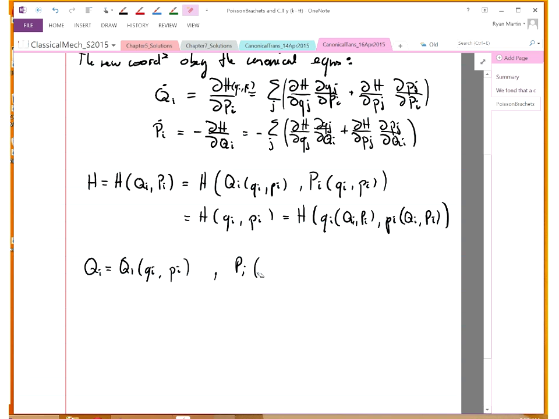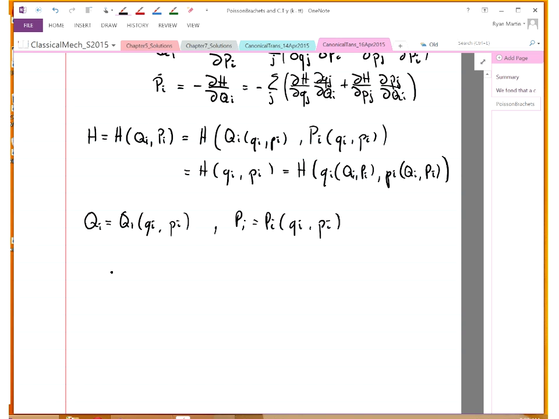Now let's go the other way around. Let's think of Qi as a function of lowercase qi and lowercase pi. And similarly, I'll think of Pi as a function of the lowercase qi and the lowercase pi. So if I do Qi dot, so dQi/dt, then I have to do the sum over j.